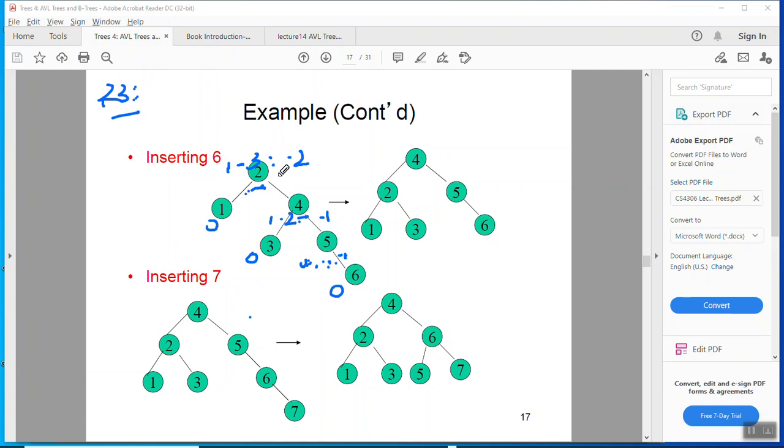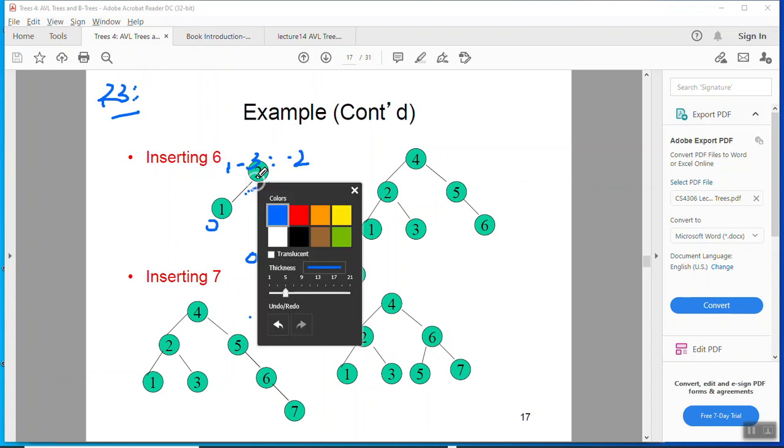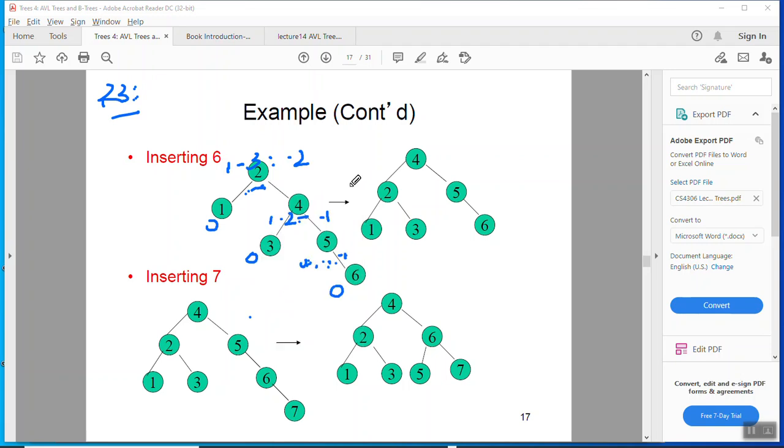This imbalance comes due to this node and this node, right? So there will be rotation. Actually this is two rotations, double rotations.